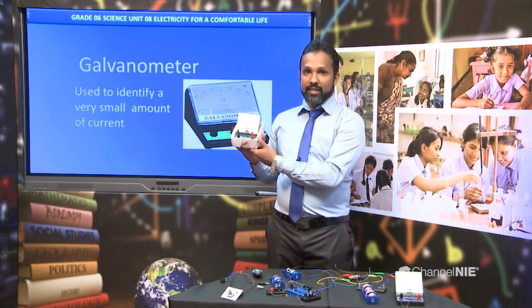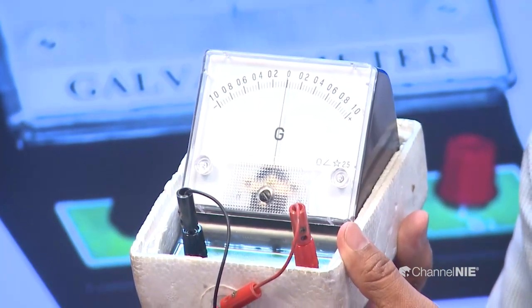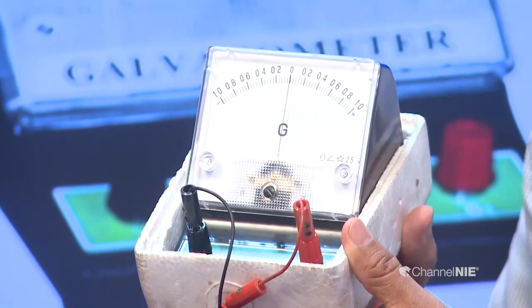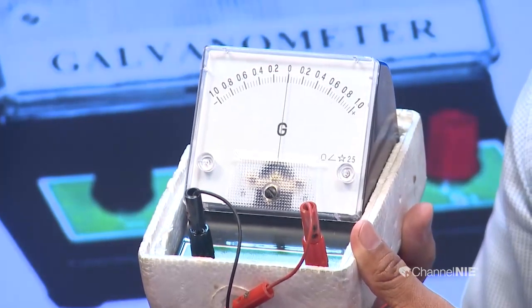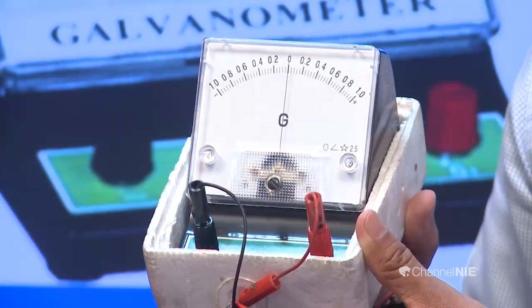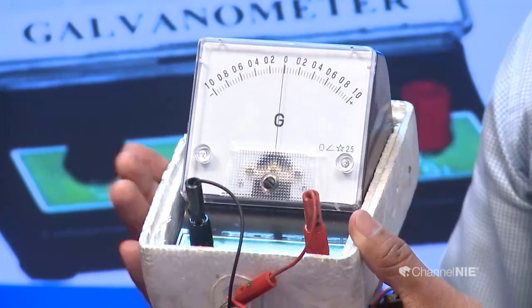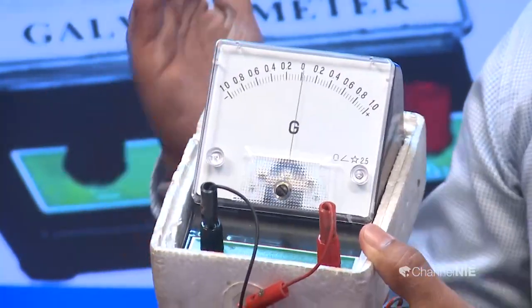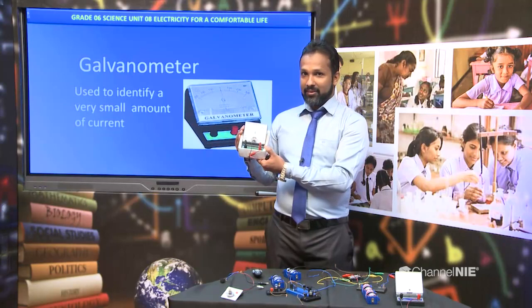You can watch that the galvanometer shows the letter capital G. In the ammeter, capital A. Milliammeter, simple m, capital A. This is how we identify the difference between the ammeter, galvanometer, and the milliammeter.